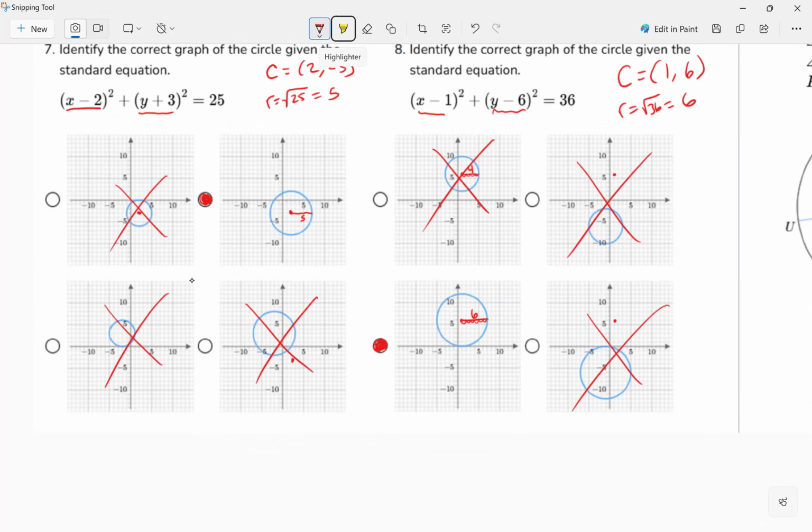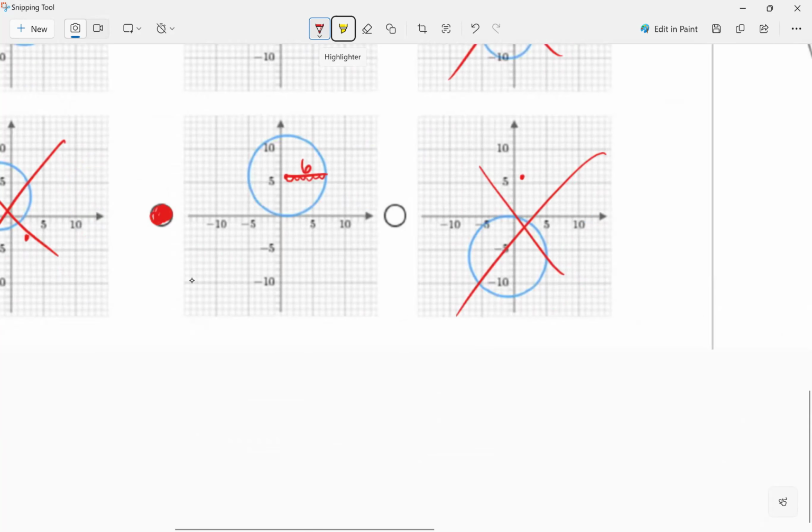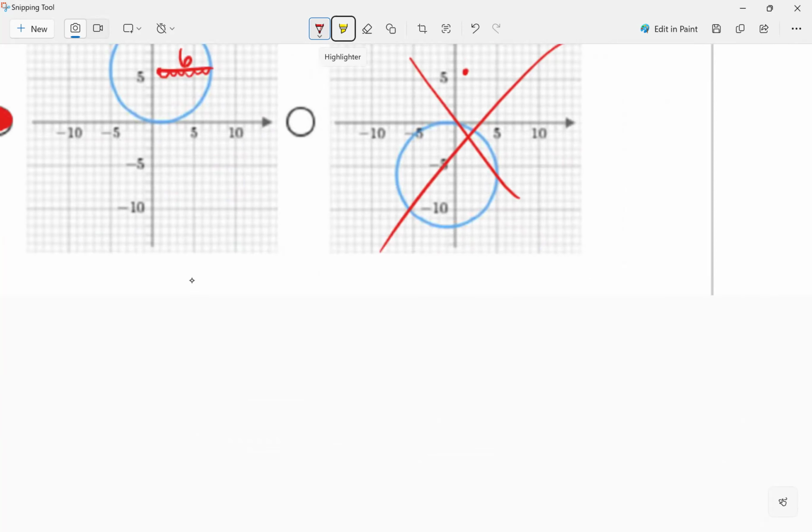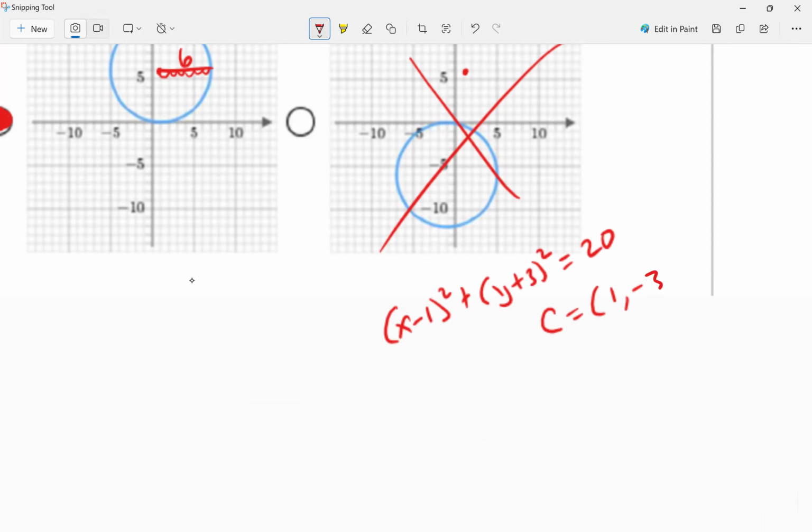However, sometimes a radius is not a perfect square. Let's say I had something like, I'm going to make another example here: x minus 1 squared plus y plus 3 squared is equal to 20. So I know my center is 1, negative 3. Remember, switch the signs. My radius is the square root of 20.